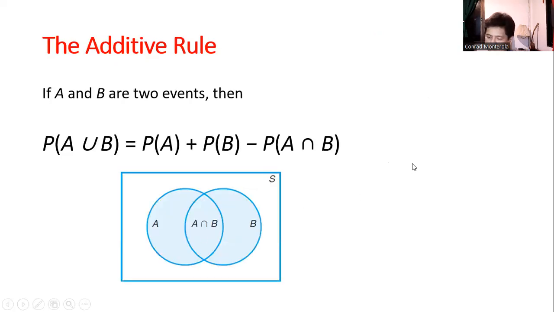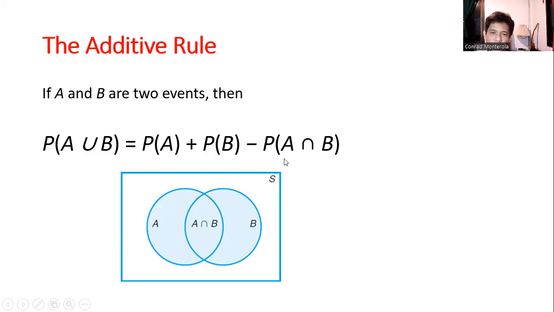So let's discuss the additive rule. The additive rule states that if A and B are two events, then the probability of A union B is equal to the probability of A plus the probability of B minus the probability of A intersection B. As you can see from the illustration, when you add the probability of A and the probability of B, you are adding the probability of A intersection B twice.